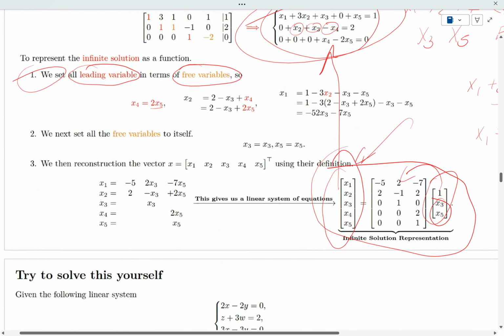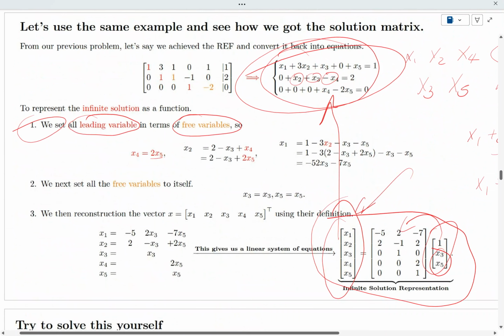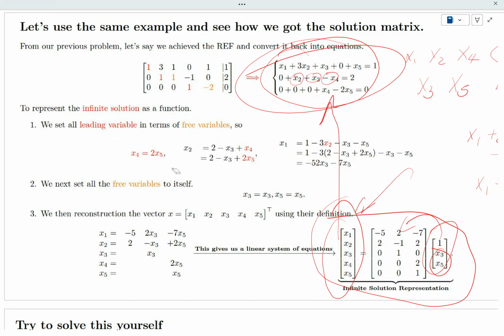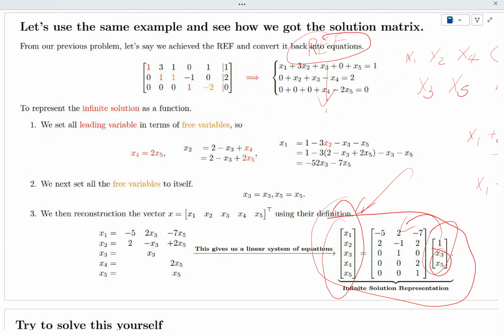Okay, this is not easy. There are quite a bit of steps you have to memorize. Specifically 3 steps, right? Let me go over this one more time. The very first step is, well, reach the REF, right? And then you need to pick out the leading and the free variables. So that's the first step.